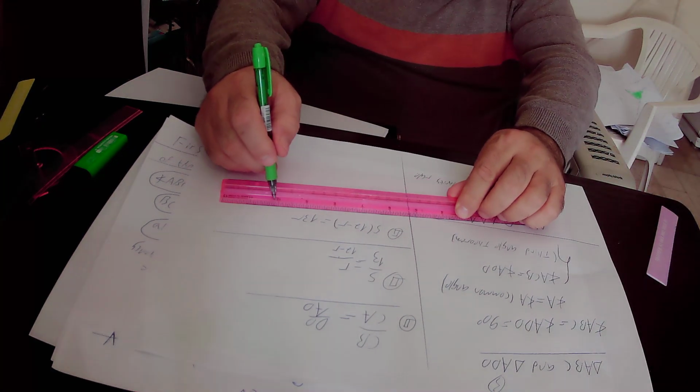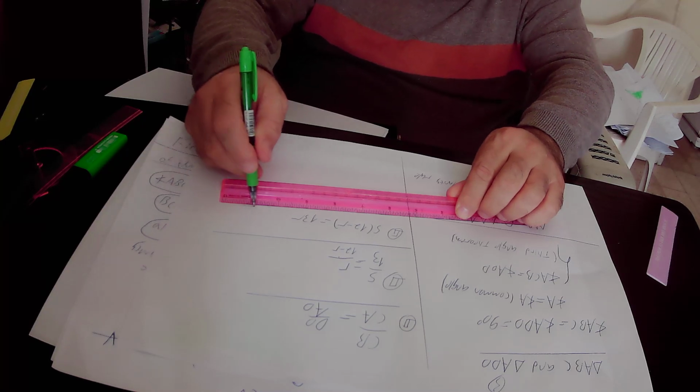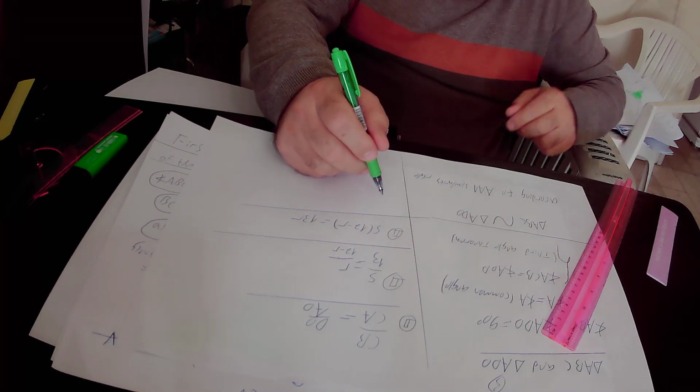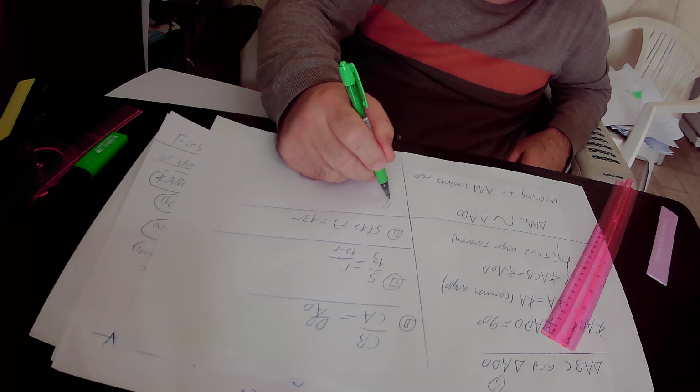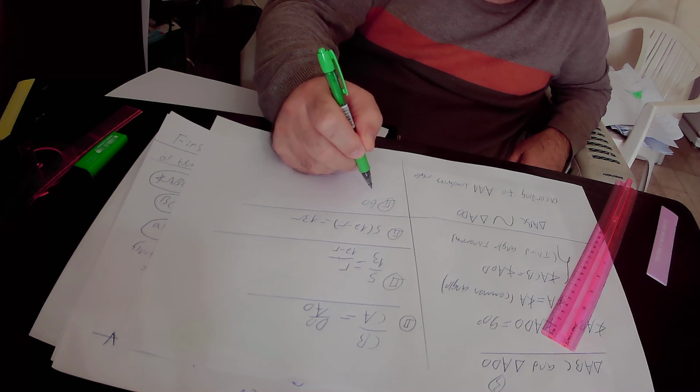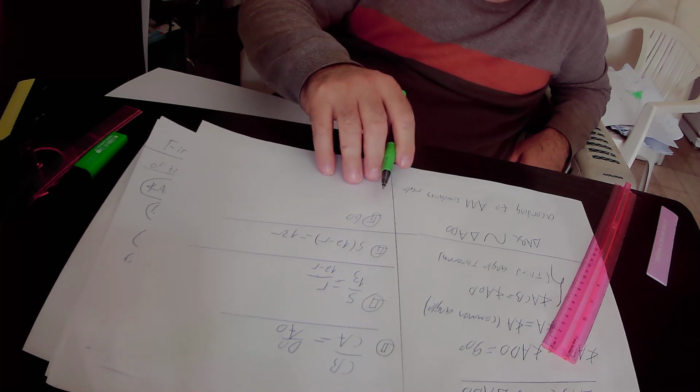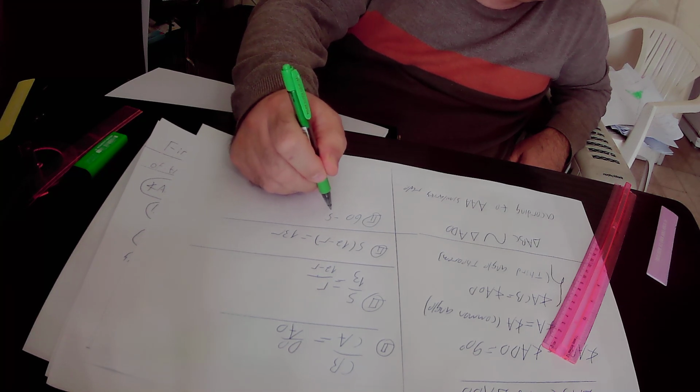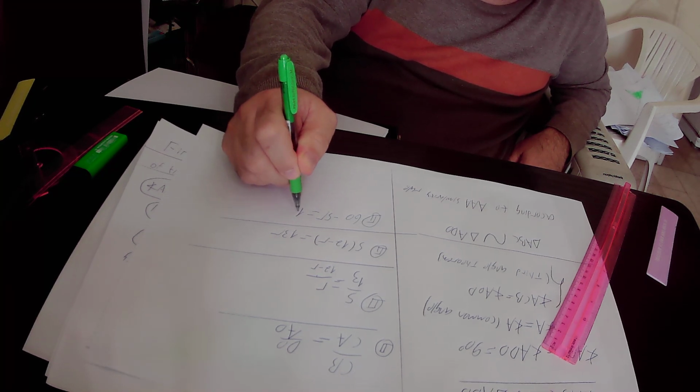We will open the brackets on this side of the equation and we will get that 5 times 12 is 60, and 5 times minus R is minus 5R, and it equals 13R.